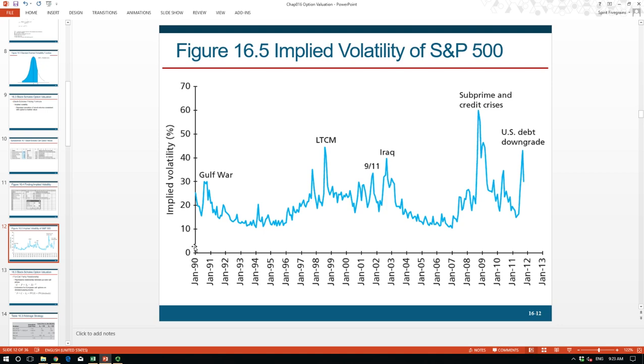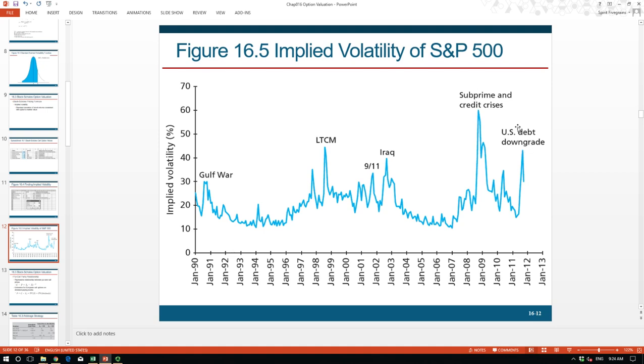As you see, volatility changes a lot, especially when the market is going through some financial crisis. You see a sudden spike of the implied volatility in the S&P 500 index. Here you see the Gulf War, the Long-Term Capital Management crisis, 9/11, the invasion of Iraq, the subprime credit crisis, U.S. government debt downgrades.